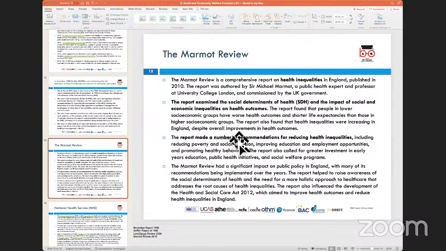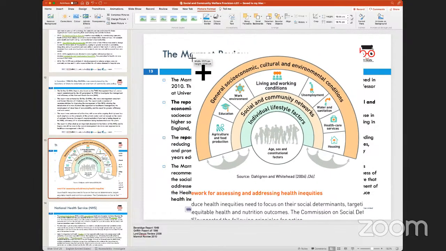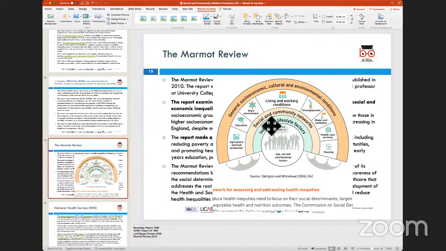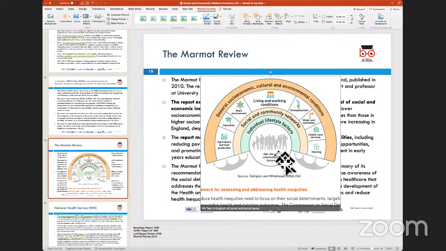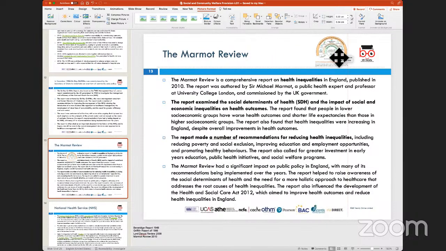And when we talk about the social determinants of health and well-being, this is what this particular report started to develop. So the picture that I brought onto the slide basically talks about the social determinants of health and well-being. And what these social determinants were is something which the Marmot review paid emphasis on.